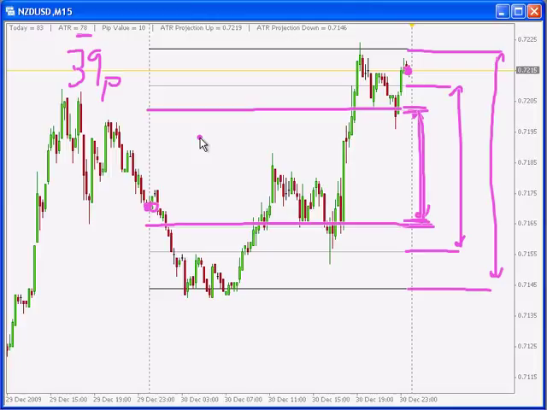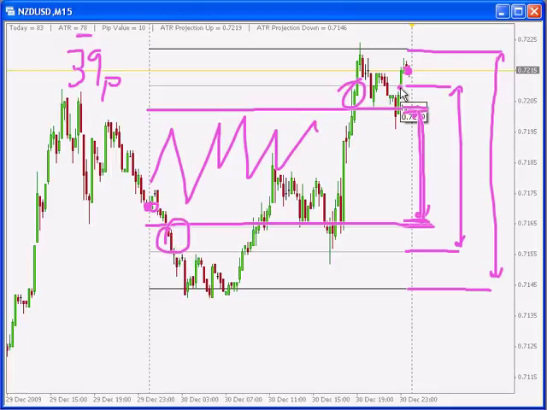Price has not been contained within the 50% anymore. As we can see, it has already expanded beyond the 50% bands.